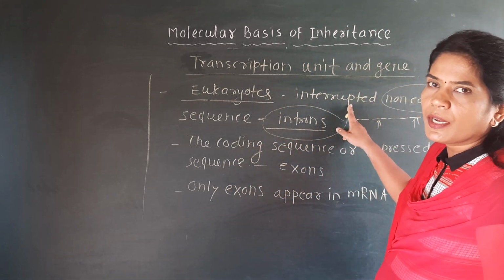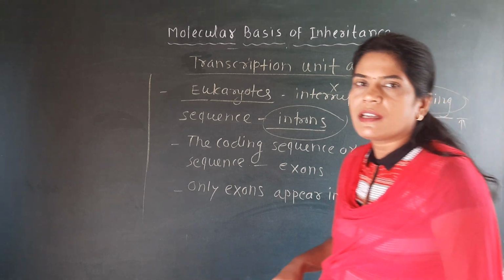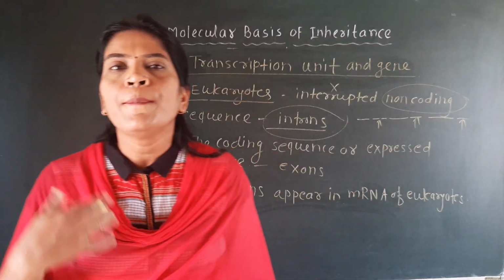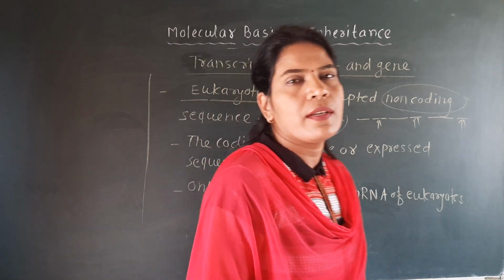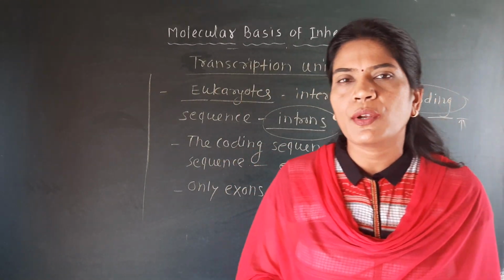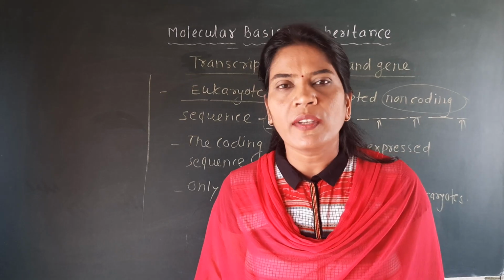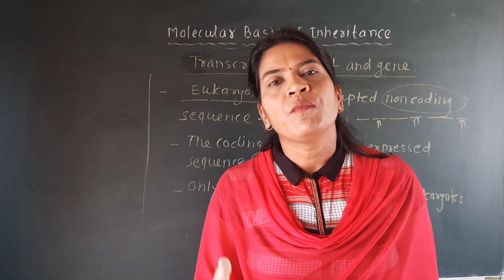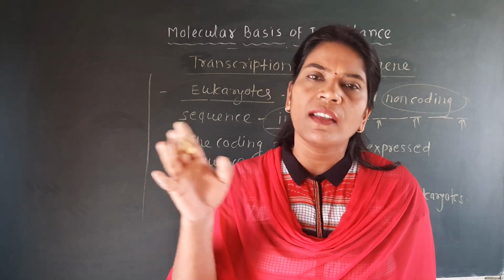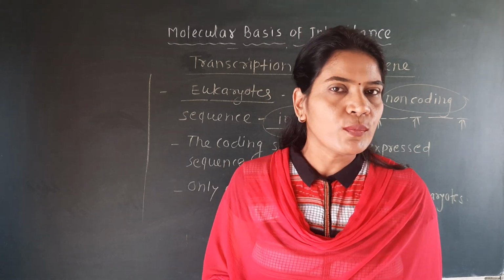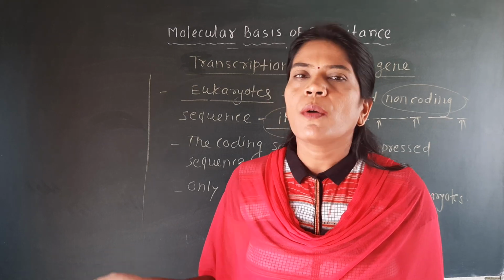So if you do not understand the word interrupted, you can also say that the non-coding sequence is called an intron, and it is present on the mRNA strand, because from this mRNA the protein is formed. But if the non-coding sequence, which does not have any role in protein synthesis, is present on the mRNA, then it is not useful, so we have to remove it in eukaryotes.